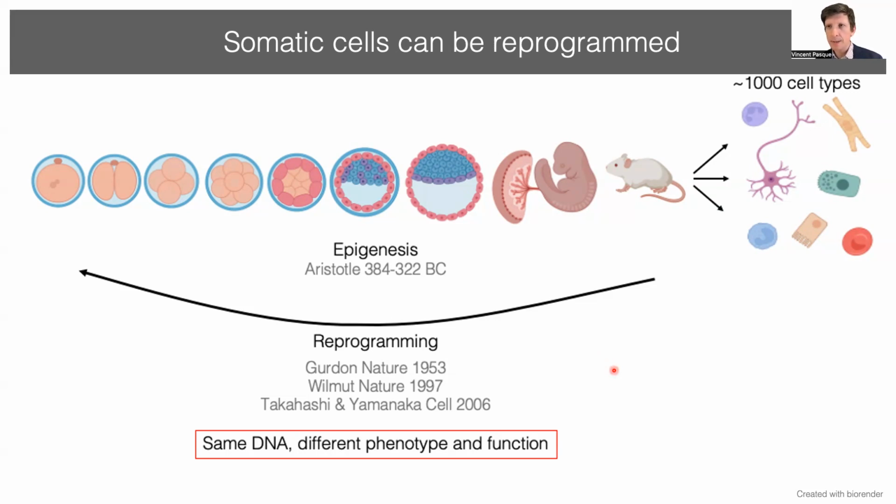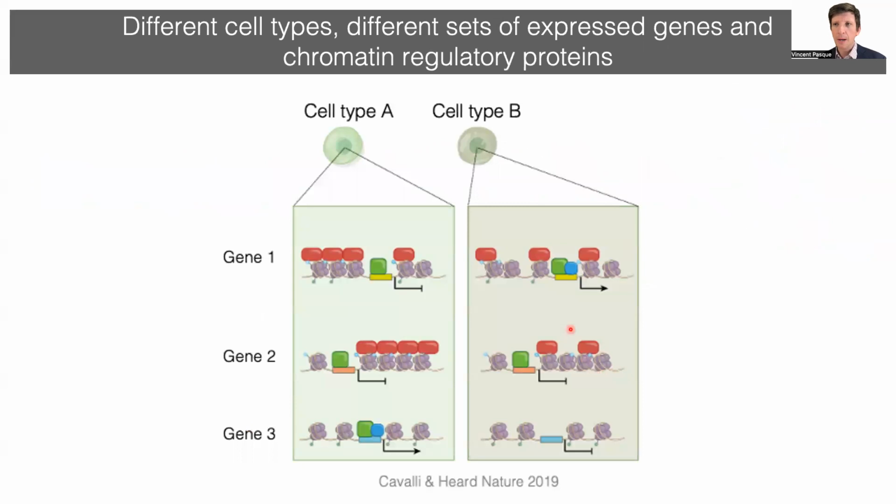Well, we know now that this comes down to gene expression programs, and that different cells express different sets of genes. And this comes down to having the right activating proteins on chromatin, activating the right genes in the right cells, and also repressive chromatin regulatory proteins that inactivate alternative developmental programs.